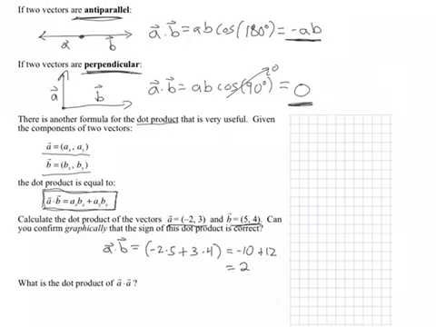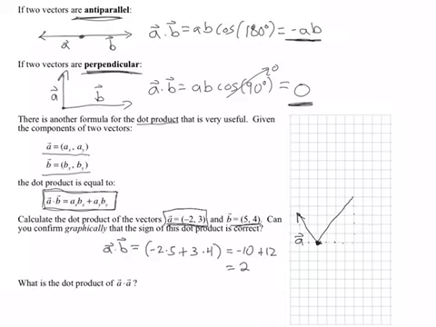Now this can actually be helpful because if you draw out A and B as vectors here, let's say we draw A starting from here, it's minus 2 in the x direction, and then plus 3 in the y direction. So our A vector is going to be something like this for what's given in the question. And then our B vector is plus 4 in the x direction and up 5.